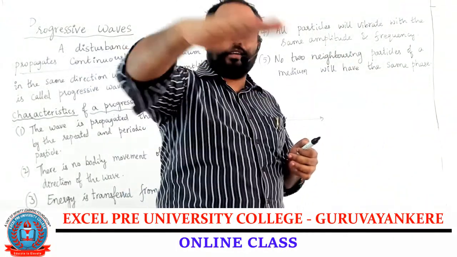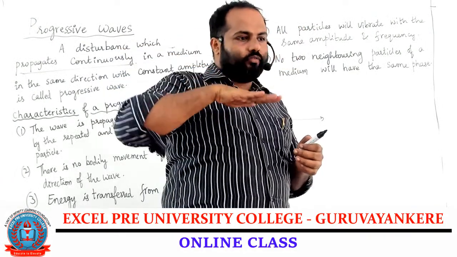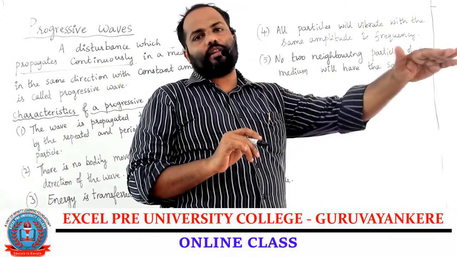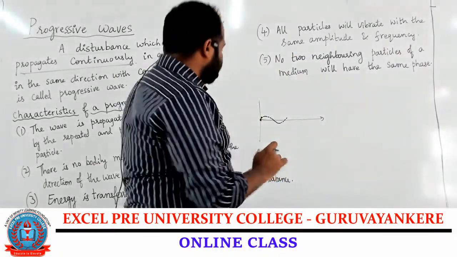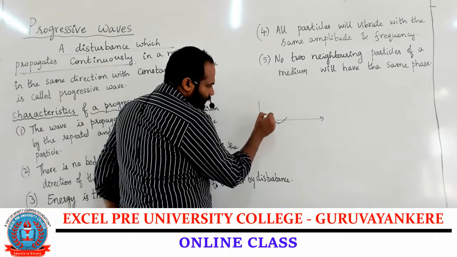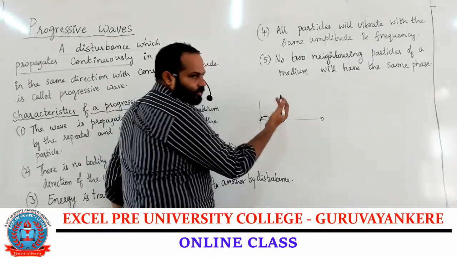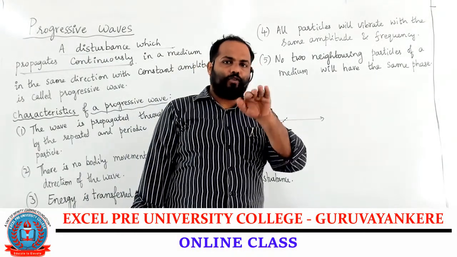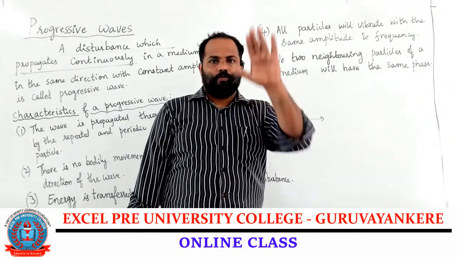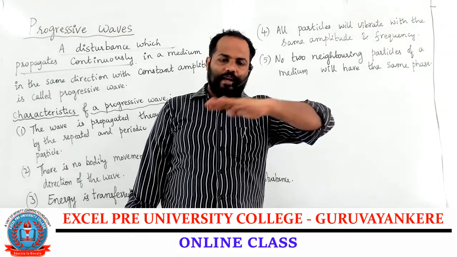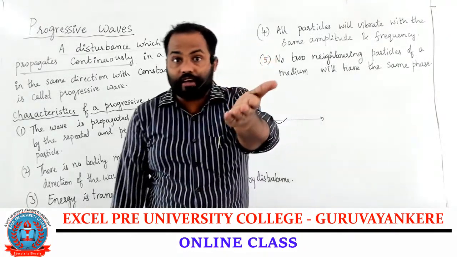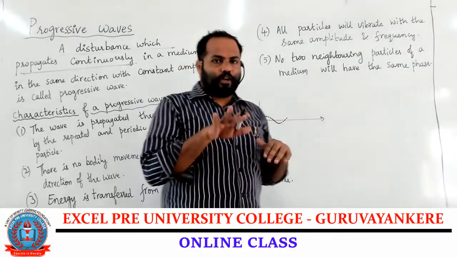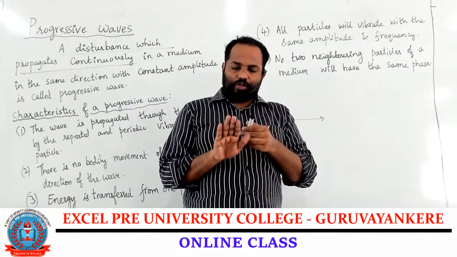When they are at rest about the mean position, they will all have the same phase. No two neighboring particles. Every particle will have a different phase as it moves. If the mean position stays here, the phase of all is the same. Then there is no wave nature. No transfer of energy. For the transfer of energy, what should happen? They should vibrate.